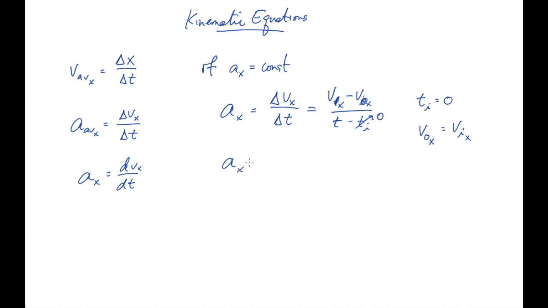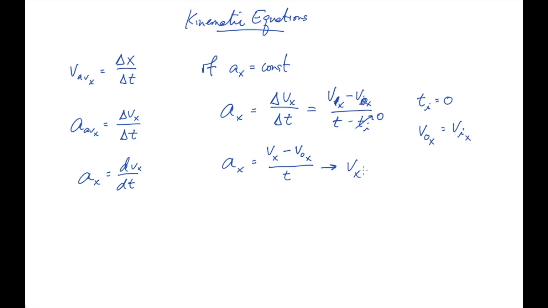The acceleration in the x direction is the final x component of velocity minus the initial x component of velocity divided by the time. It's traditional to solve this equation for the final x component of velocity.